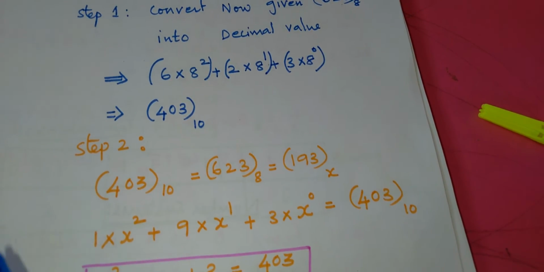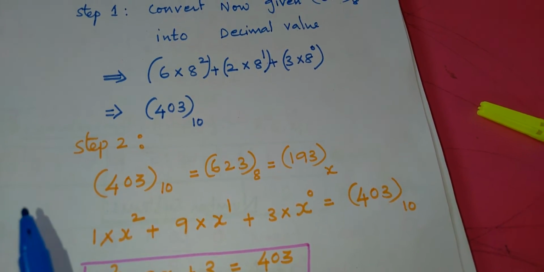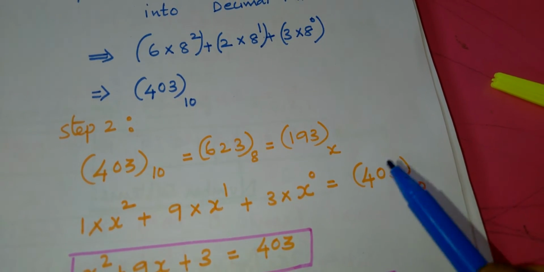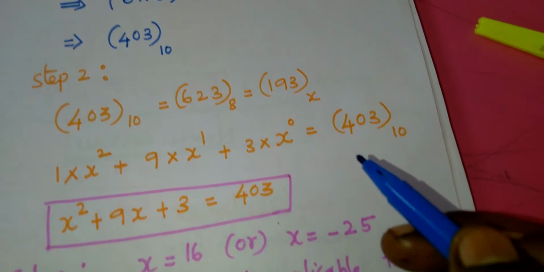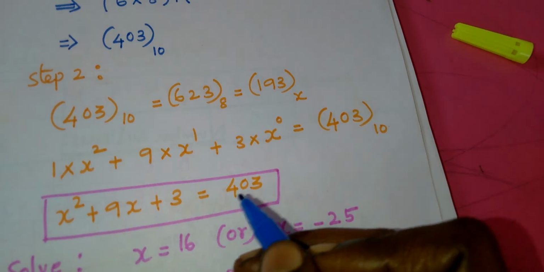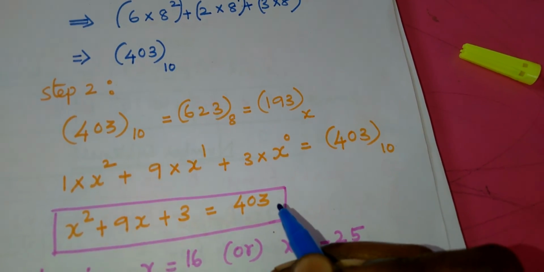If another digit is given, x power 3 is used. All added together equal your decimal number.